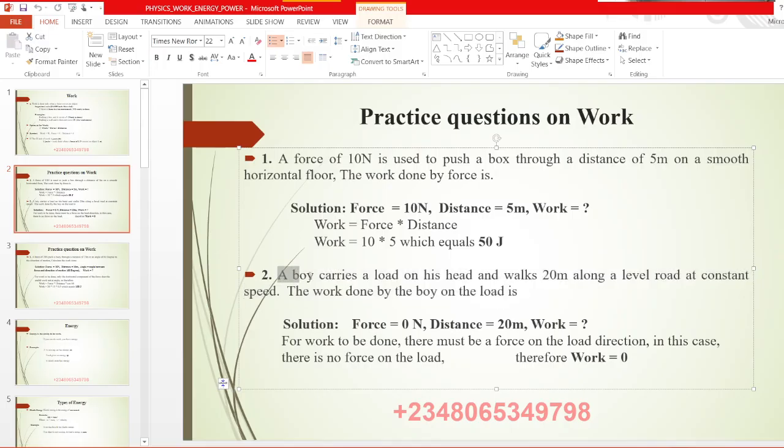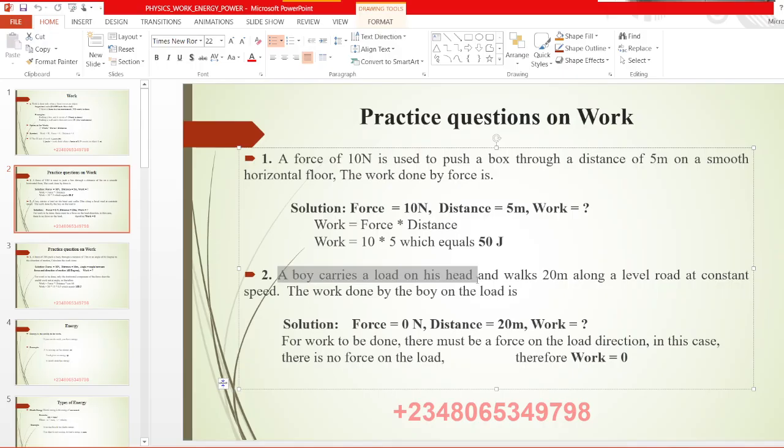A boy carries a load on his head, meaning the boy is not applying any force in line with the direction. He's carrying a load on his head, it is not in the direction of that load. So no force is actually applied on the load.